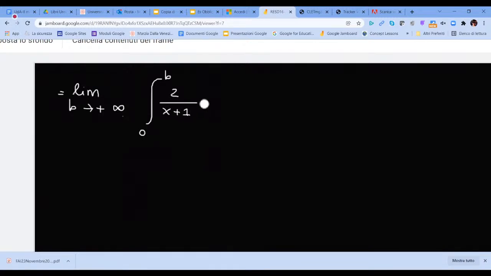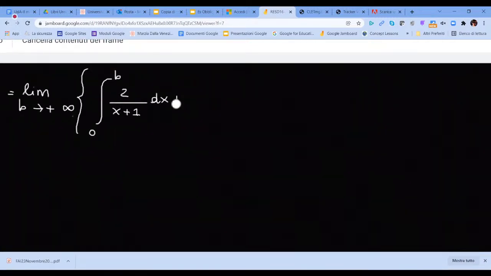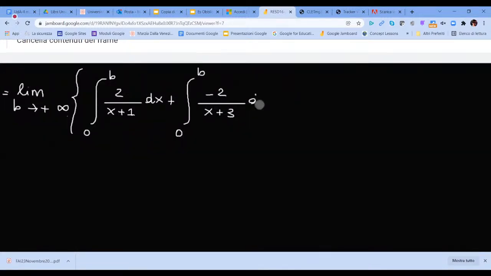I can split the sum and compute the integral of the sum as the sum of the integrals. This holds only for sums, not for products. Don't forget. So I will use the parentheses, so I don't need to rewrite the limits, and then we can write minus 2 divided by x plus 3 dx.